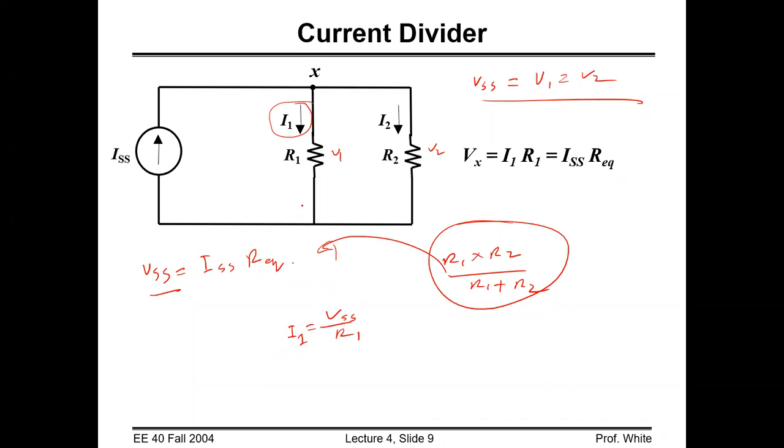Current depends on your resistance, because the voltage is the same everywhere. Similarly, I2 is equal to VSS by R2. Clear? Are all clear?